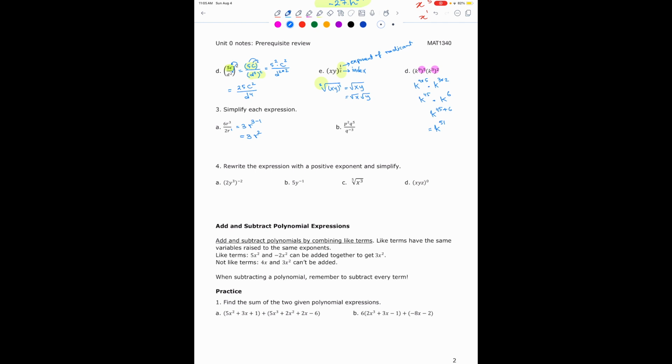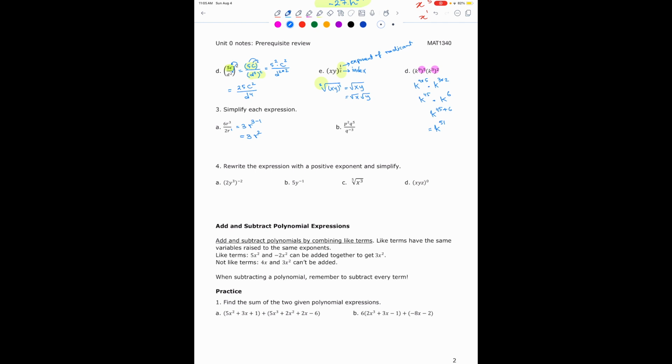B, notice how we have a negative power here. It is your choice whether you want to turn it into a positive power, or you can use the quotient rule. If you use the quotient rule, remember there is a negative at the bottom, which means when you subtract a negative, it's going to turn into an addition. I'll do it both ways.